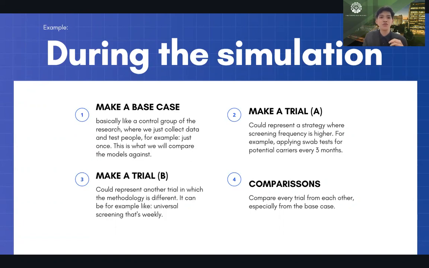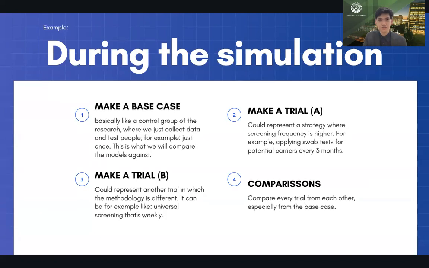For instance, it can be a universal screening that's weekly. There are lots of different factors that we can consider when doing these sorts of trials. The fourth thing we need to do in the simulation is comparison. Here we compare every trial with each other, especially with the base case.